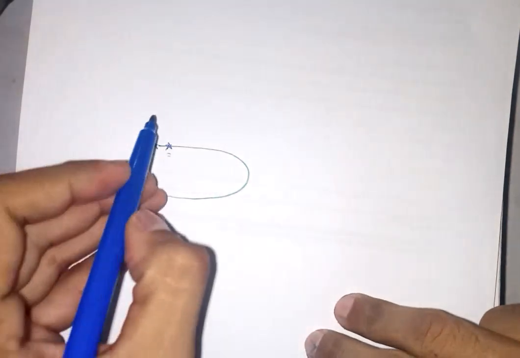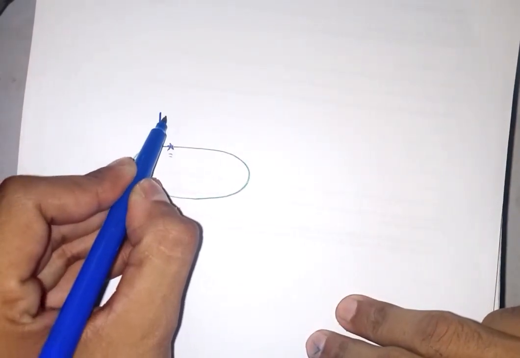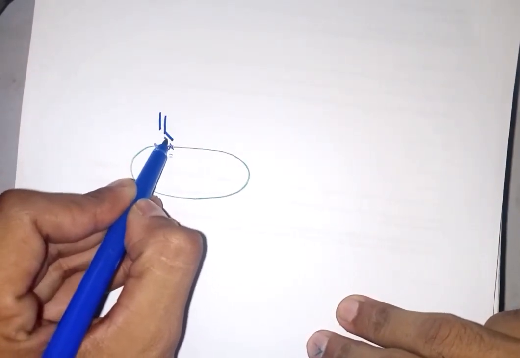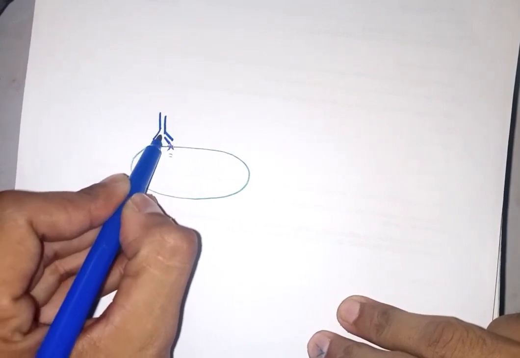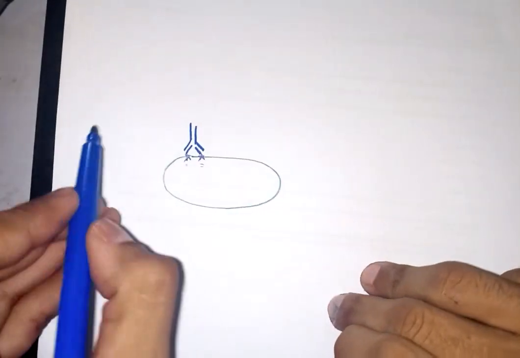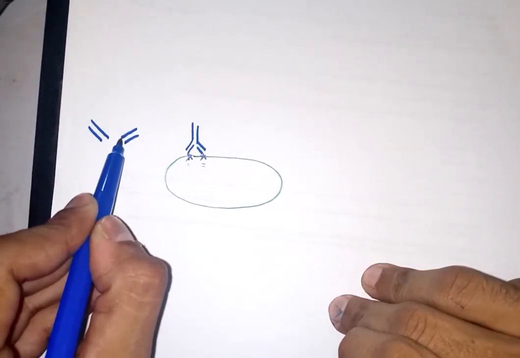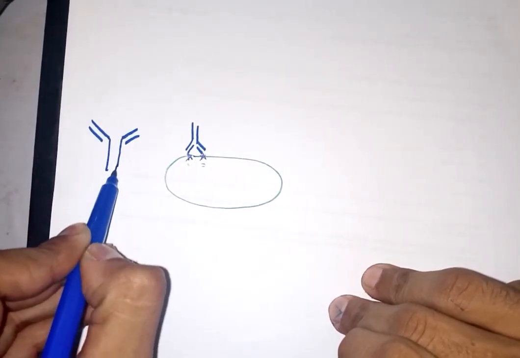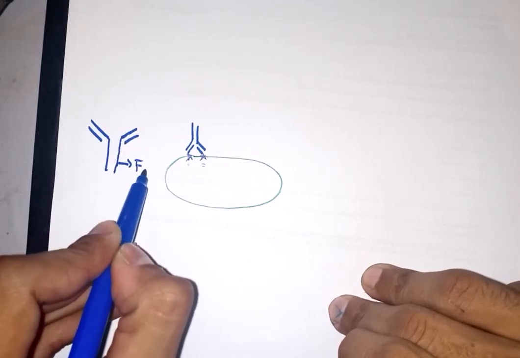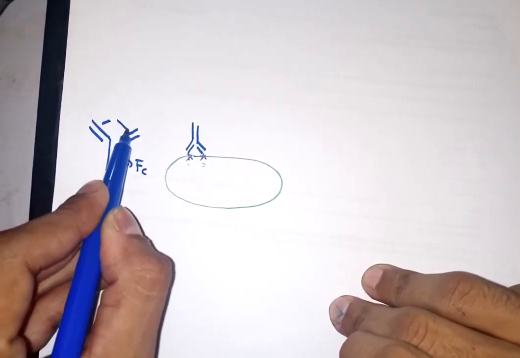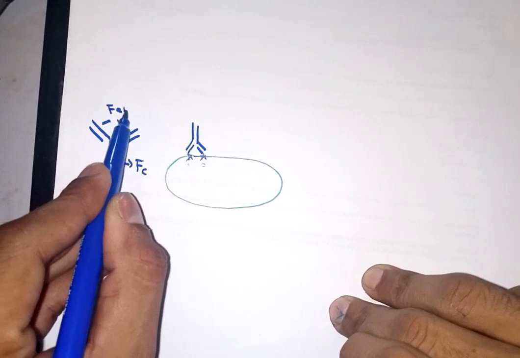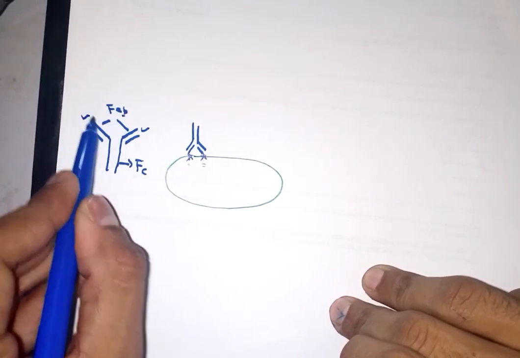Now the antibody will come and attach to these antigens with its Fab portion. We know that an antibody has two regions. This is Fc, and this is Fab, and this is Fab.